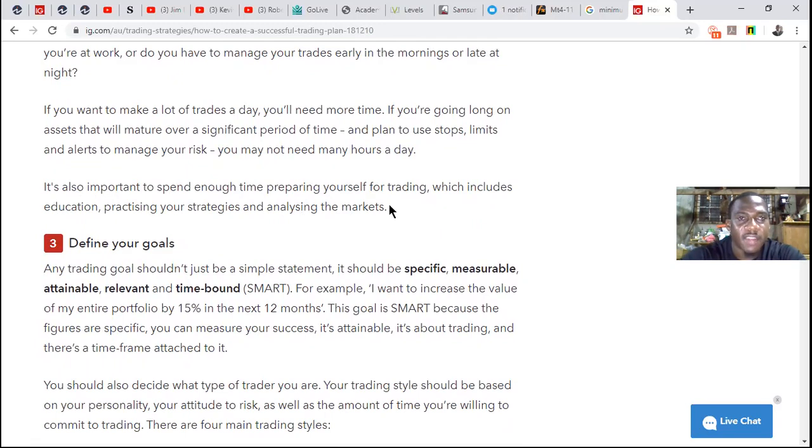If you're looking at trading every day, it should always include these three things: practicing the strategy, analyzing, and education. I find for me, if I look to journalize and review my trades, I would try to do that on a weekend or whenever I have more time, when I'm not really looking for trades, I could do some of my journalizing and reviewing.